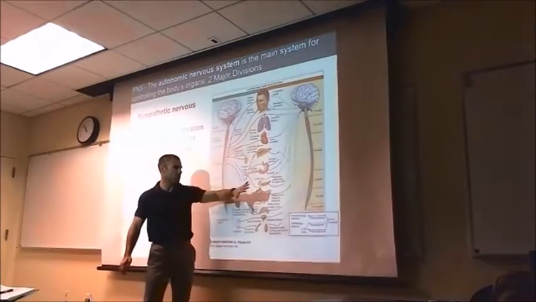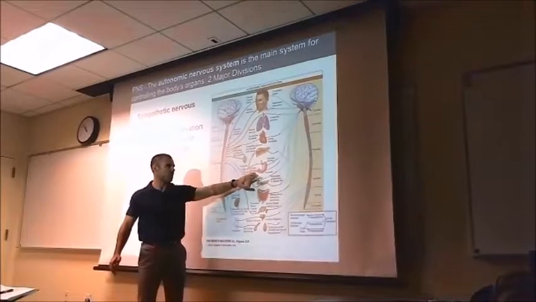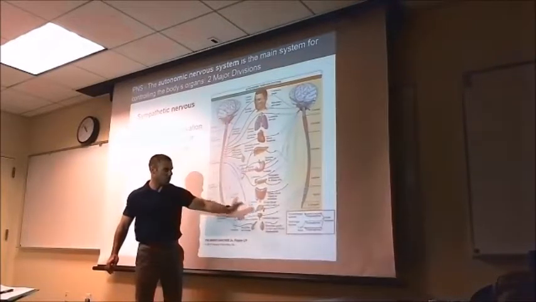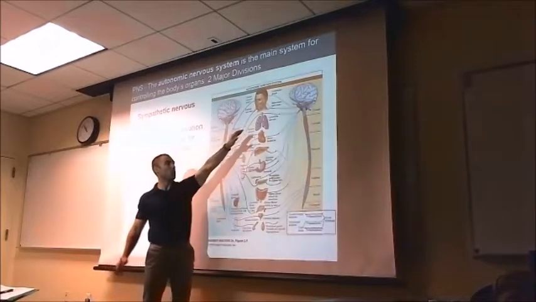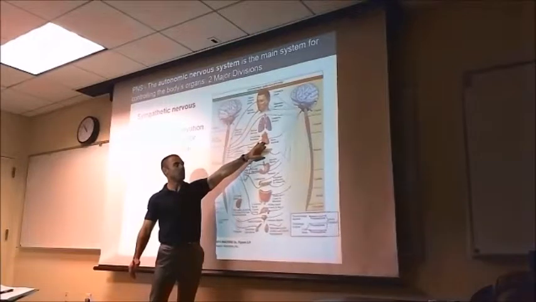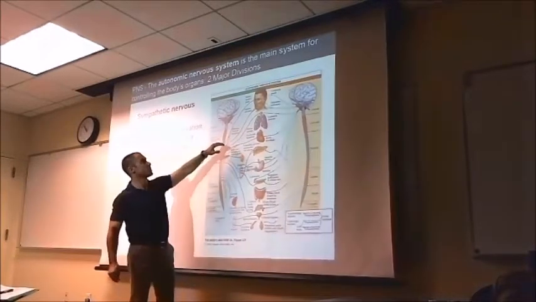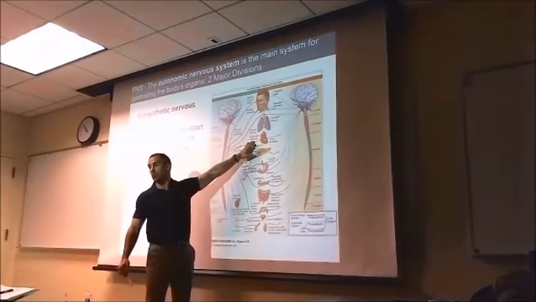So you got the gut area, so your intestines, your pancreas, your gallbladder, your stomach, digestion, right? Reproduction, going to the bathroom, breathing, pumping blood in your heart. So different elements of these systems can either slow the heartbeat or accelerate the heartbeat.